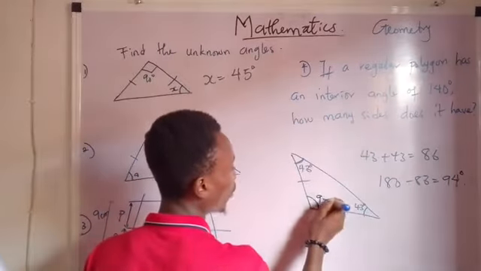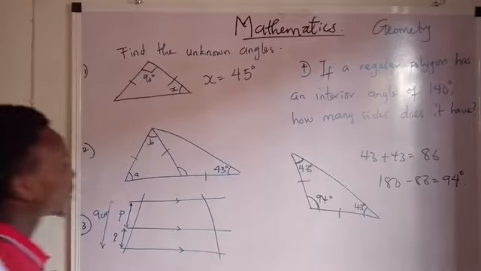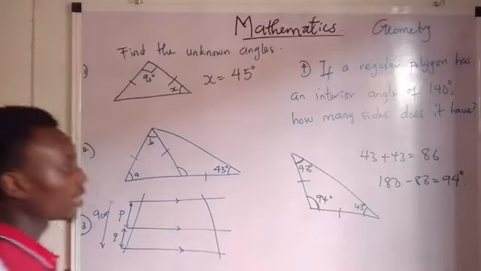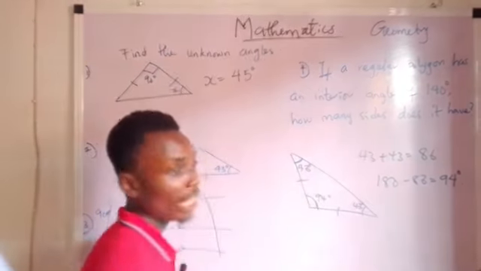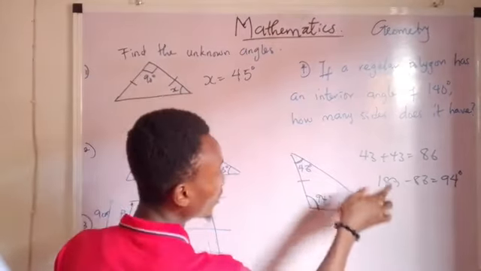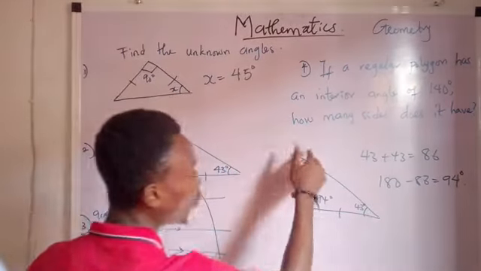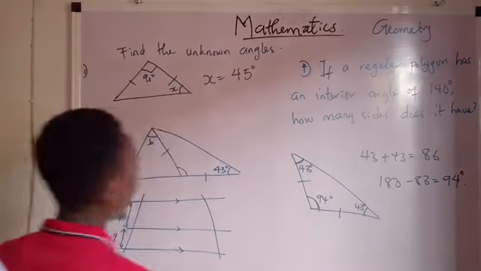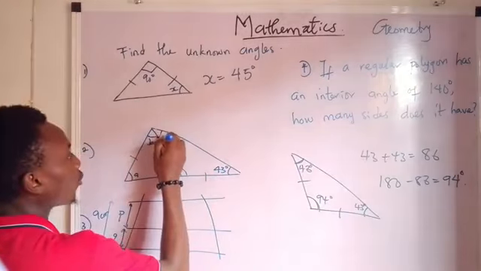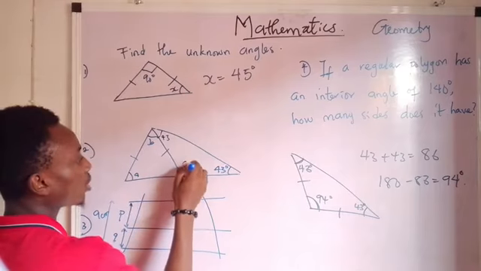So this place is 94 degrees. How do we get 94 degrees again? Base angles of an isosceles triangle are equal. So if this place is 43, this place is automatically 43, and the sum of angles in a triangle is equal to 180. And so here will be 43, and here will be 94.